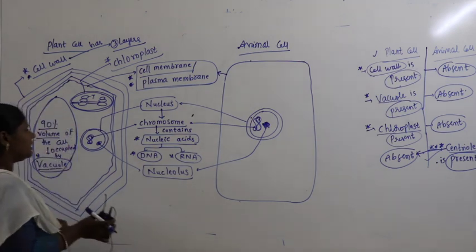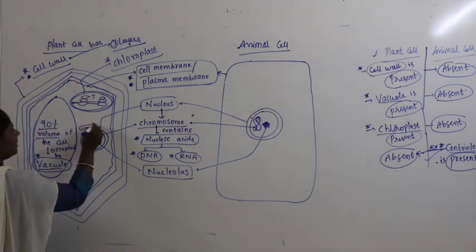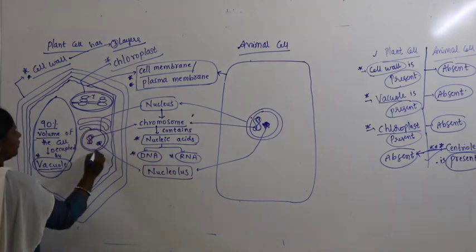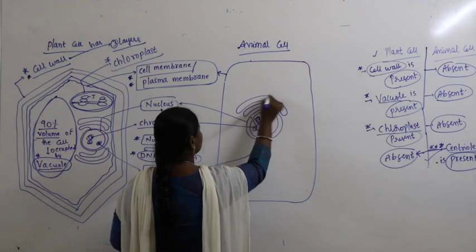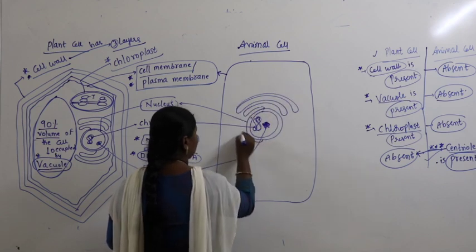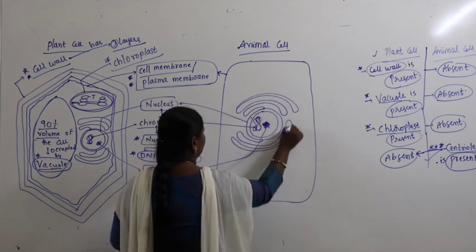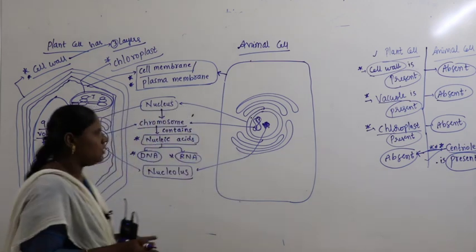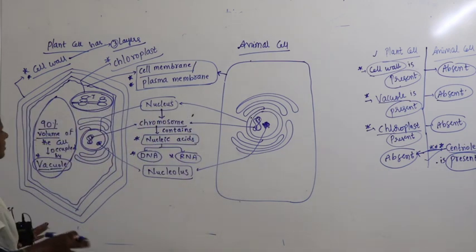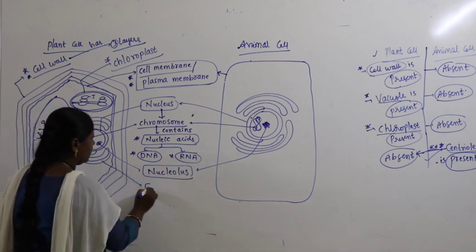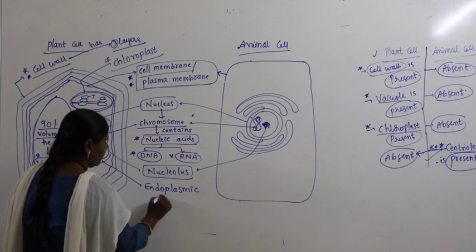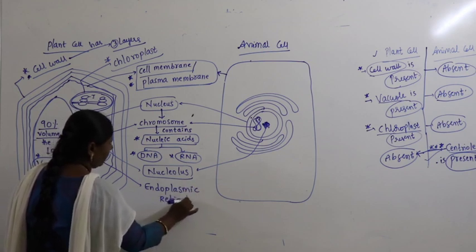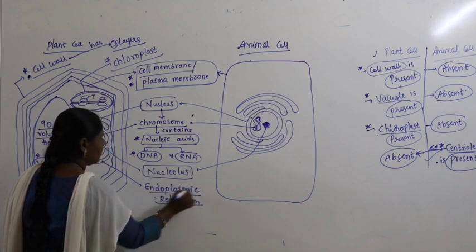Now in case of both plants and animals, they have endoplasmic reticulum. All of you know it very well. So in the animal cell also the endoplasmic reticulum is present. So the endoplasmic reticulum is present in both cases.